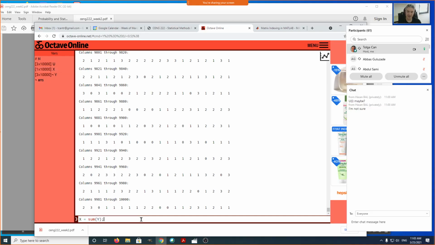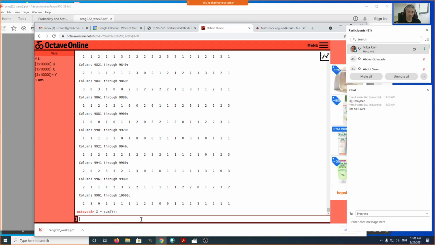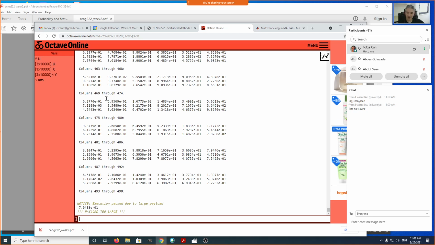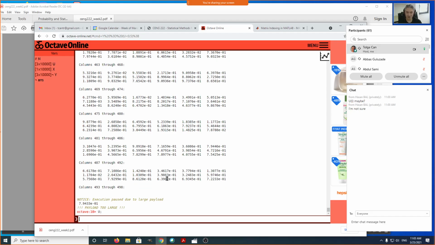If you put a semicolon at the end, it doesn't display the results. It's just a statement that says execute this one. Writing it without the semicolon says display this variable to me.